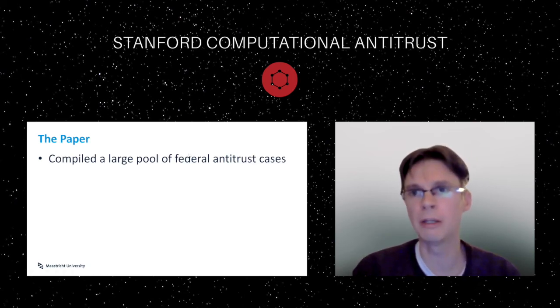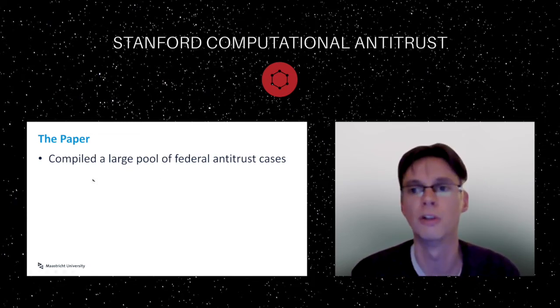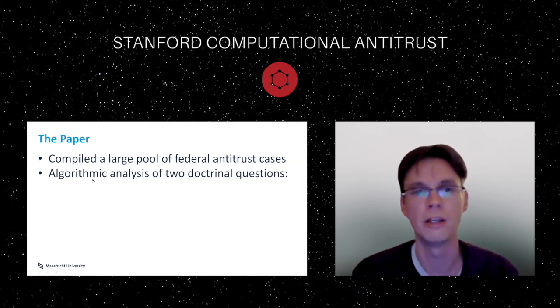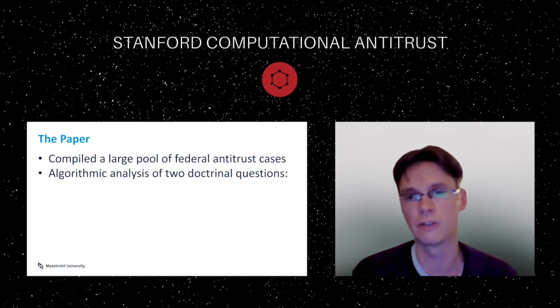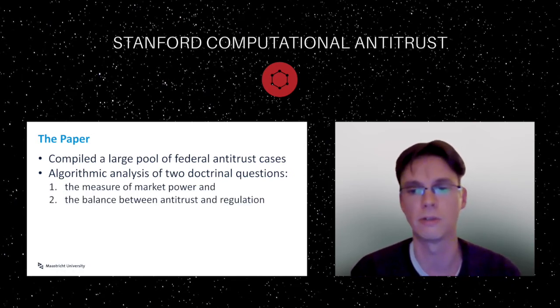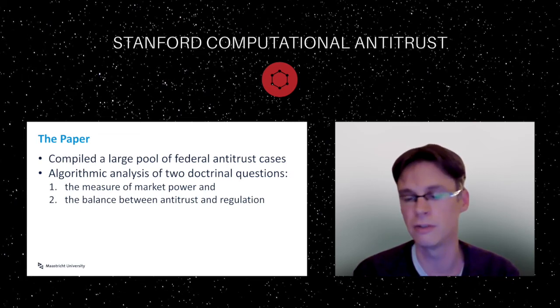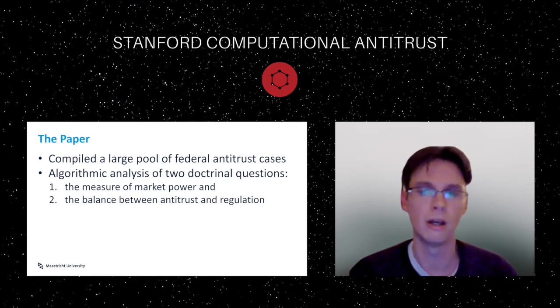In the bigger picture that you presented in the paper that I read, you take the large pool of antitrust cases that you explained and try to perform an algorithmic analysis aimed to answer two doctrinal questions related to the measure of market power and the balance between antitrust and regulation. I think that's very interesting. I'll tell you why. A lot of these methods, these LDA methods, but also computational analysis of law, kind of float in the air sometimes.